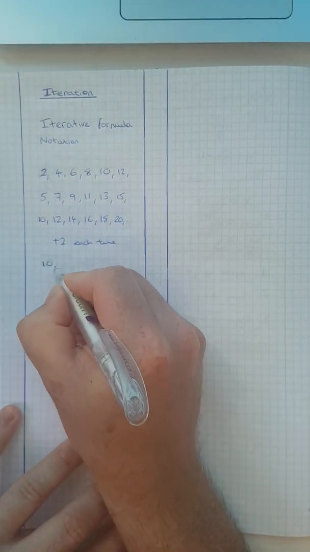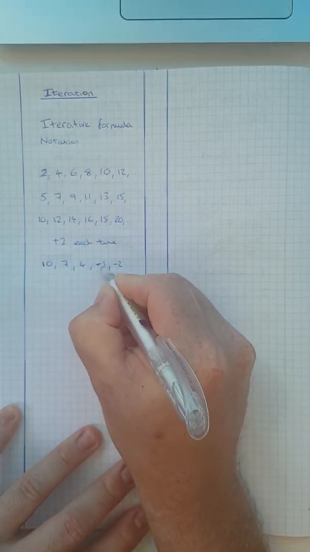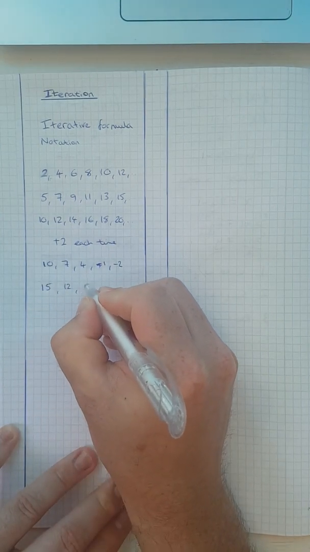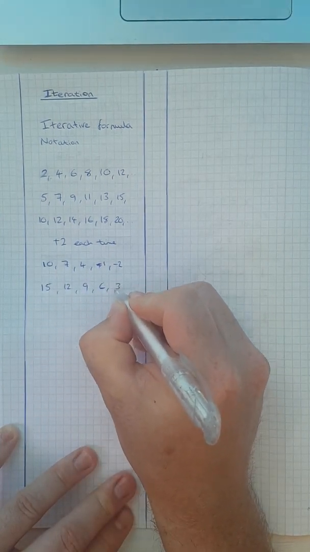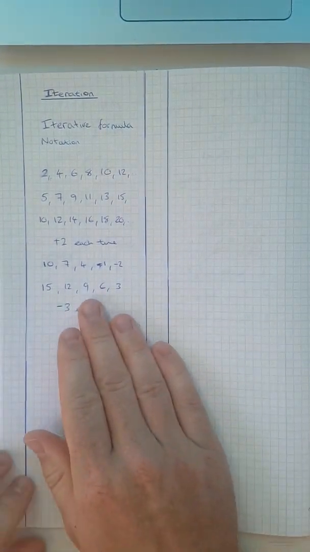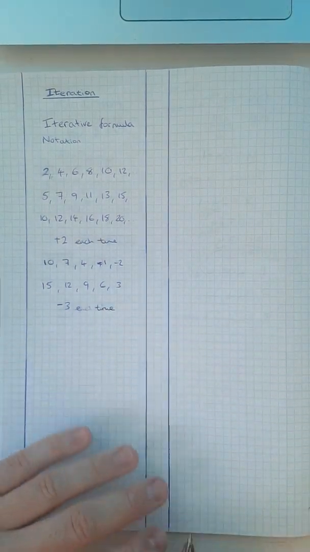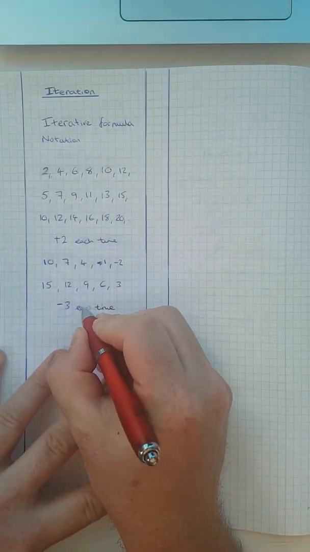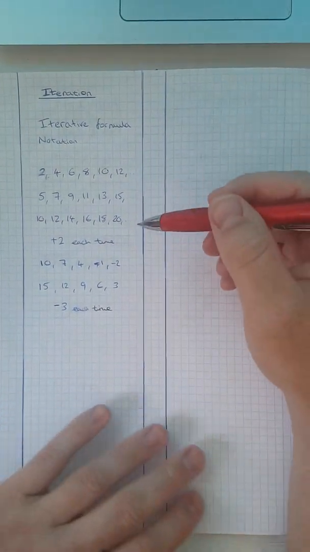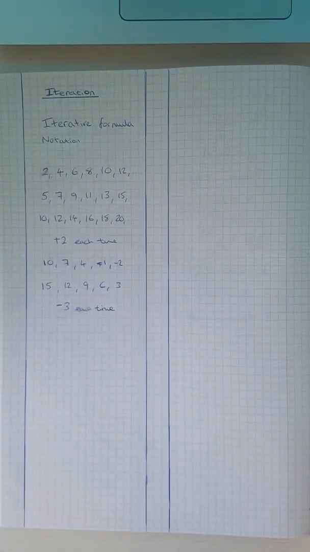This sequence and this sequence use a different rule, which is that they are minus 3 each time. So, okay, let's look at some more. These are sequences that go up and down by the same amount every time.